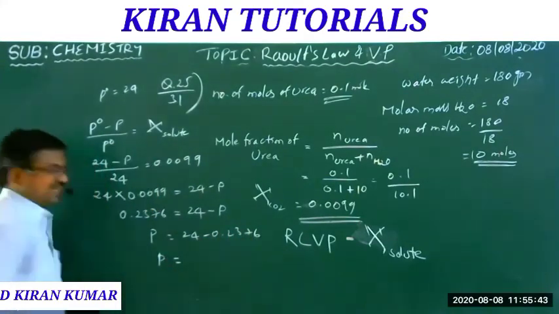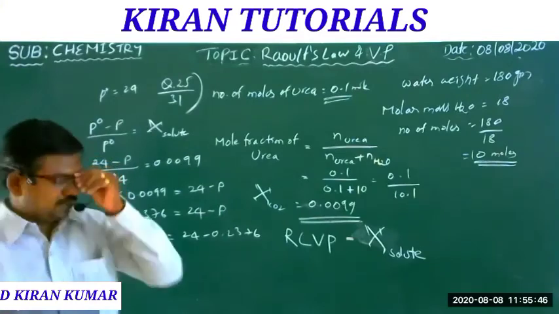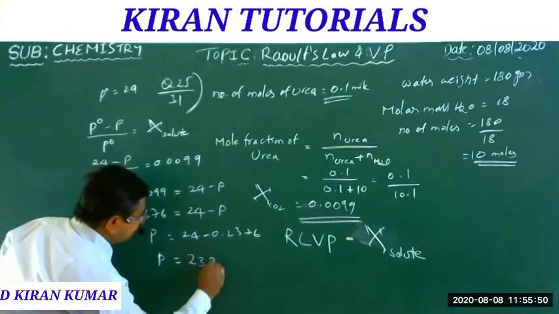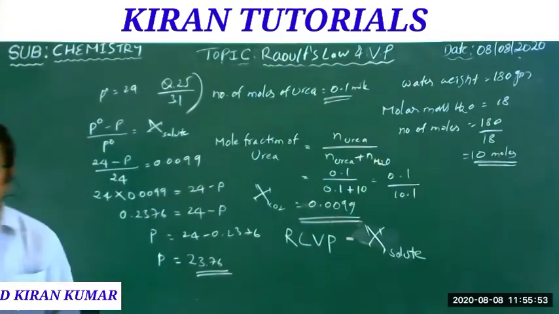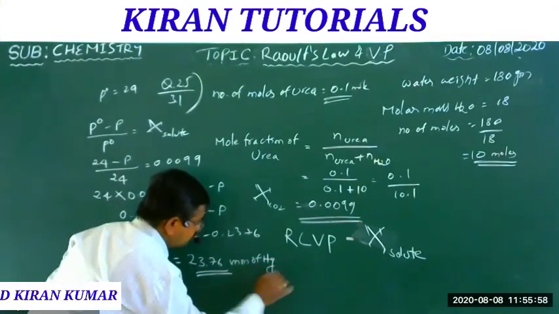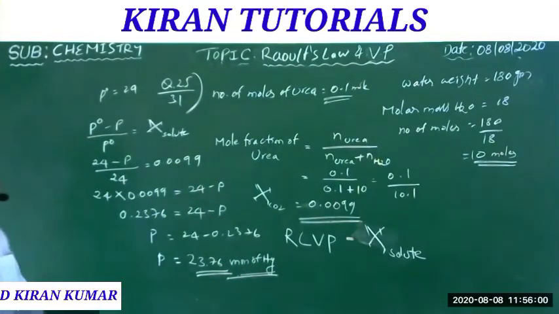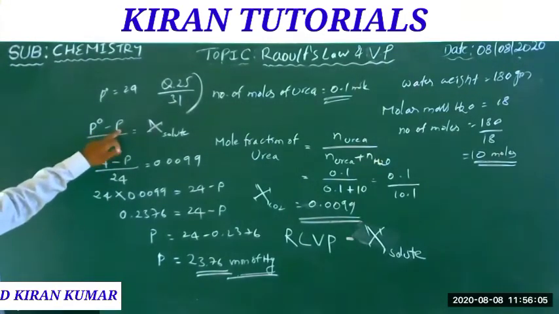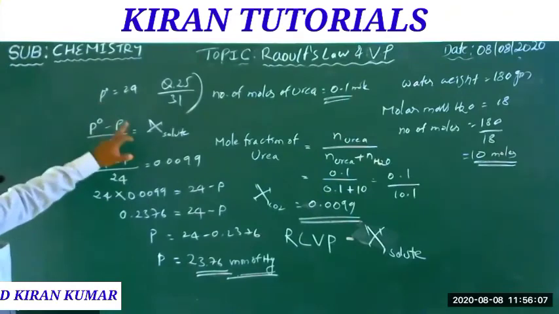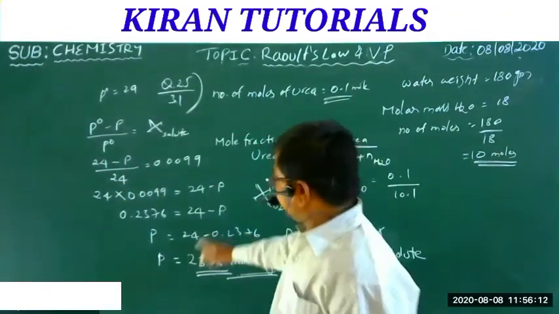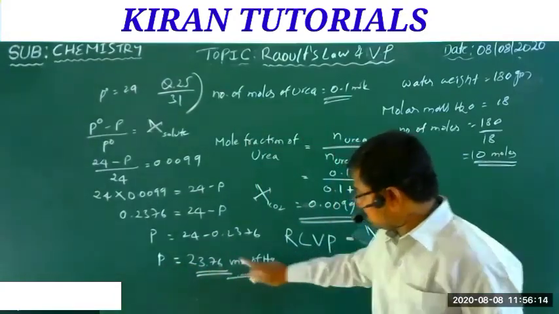So pressure of the solution is equal to 23.76 mm of Hg. Clear? That is P naught minus P by P naught, vapor pressure of pure solvent minus vapor pressure of solution by vapor pressure of pure solvent. So the pressure here is 23.76 mm of Hg. Clear?